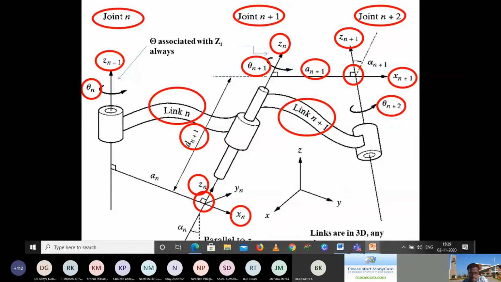The simple logic is that this point I am going to transfer to this point. That is, the xn zn axes I am going to transfer to x n plus 1 and z n plus 1, okay, by using translation and rotation parameters. Okay, are we clear about that?